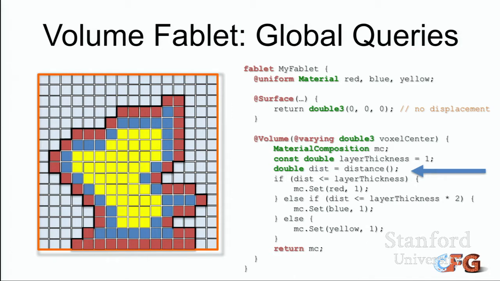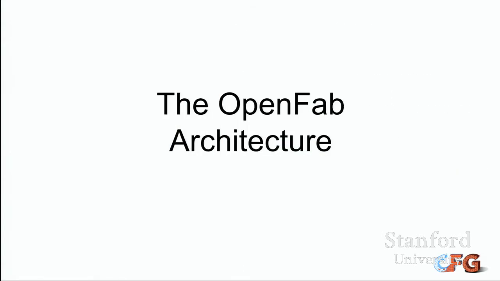So in this case, we can build a multi-material composite in a very simple way. The phablet in this case takes a voxel center, and it has access to things like a distance function. This is a signed distance function to the surface. And using this simple if statement, you can just assign materials based on this distance function to the surface.